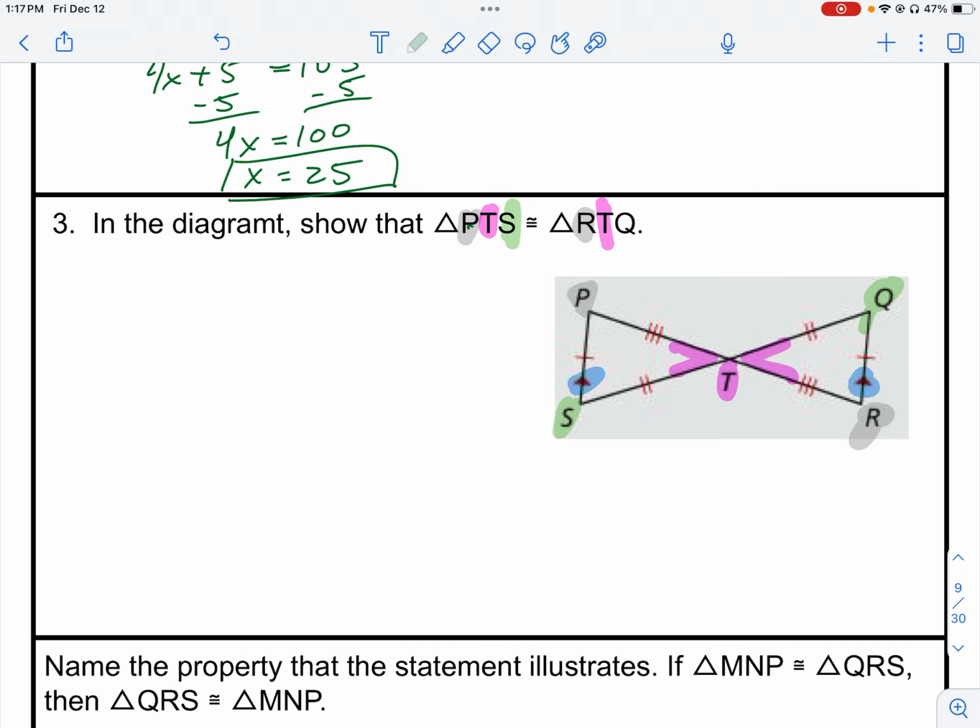So parallel lines. So angle P is congruent to angle R, alternate interior angles.